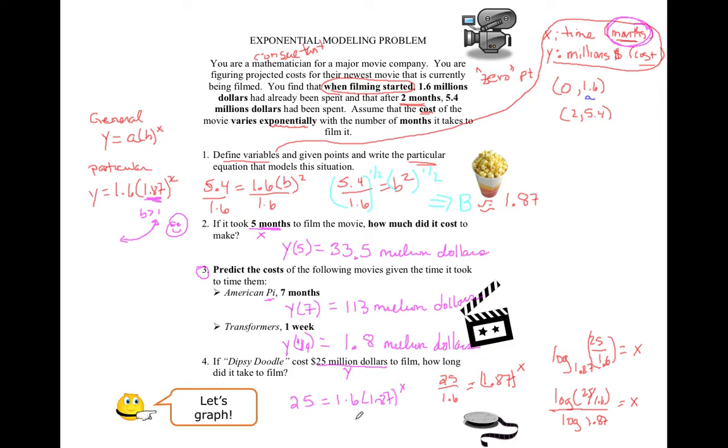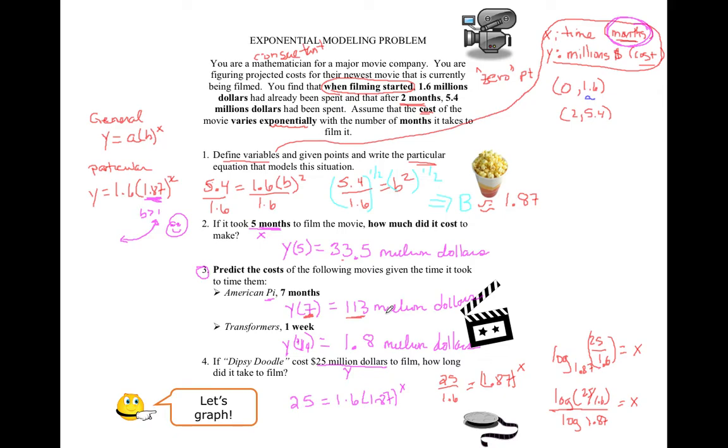Please get your calculator out and type into y1 1.6 times alpha b to the x. Now before you hit graph, think about the numbers that you need to have on your window. By the time x is equal to 7, you're up to 113. So you might want to make your y max go to like 150, and make your x max go to 10.